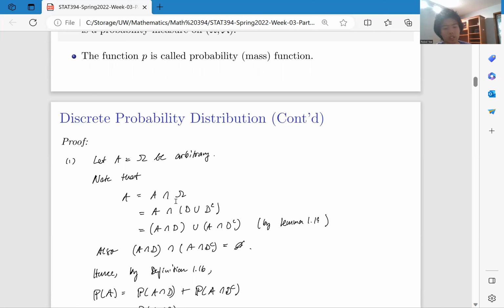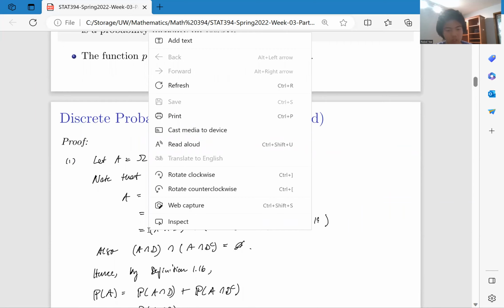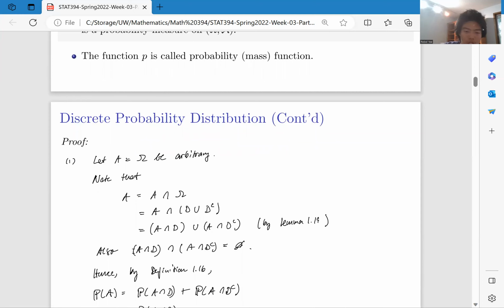And we can divide the omega into a union of D and the complement of D, and use the distribution rule. We can go to this step. And one important thing here is because A intersect D and A intersect DC, the intersection of those two, are pairwise disjoint events.